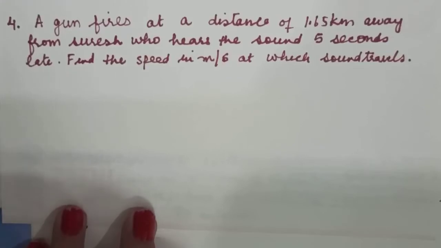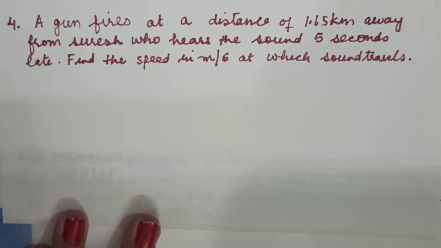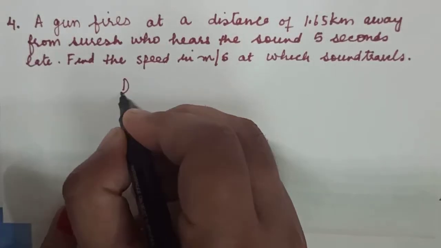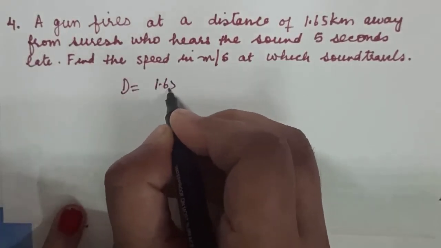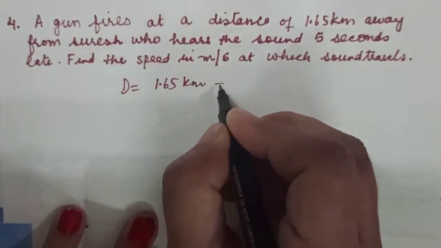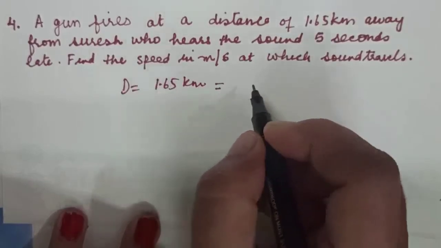Alright. Now question number 4 is, a gun fires at a distance of 1.65 kilometer away from Suresh, who hears the sound 5 seconds late. Find the speed in meter per second at which sound travels. So here we can see we are given the distance in kilometer, 1.65 kilometer. So first of all, let us change it into meter. Why?